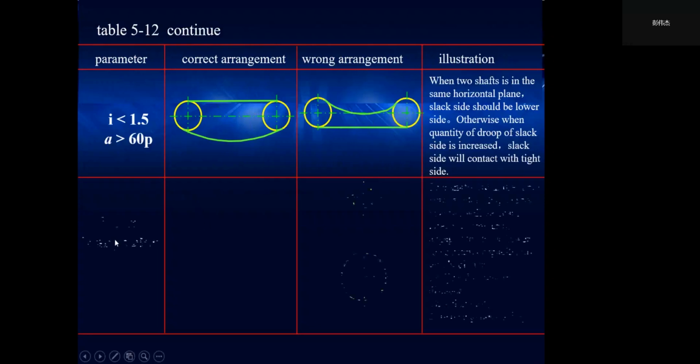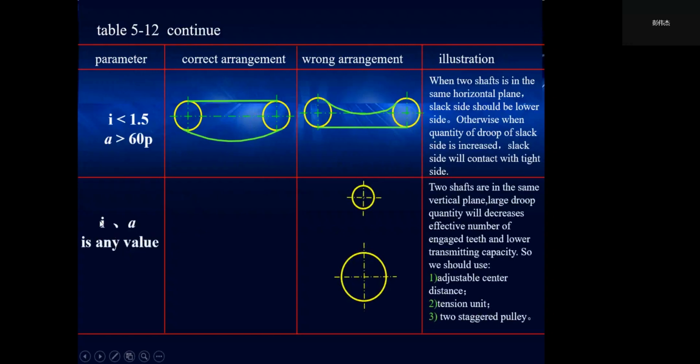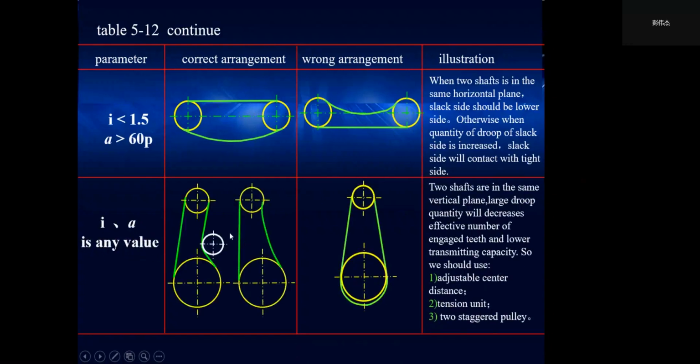And if the speed ratio and center distance are any value, and two shafts are in the same vertical plane, the effective number of engaged teeth will decrease, and the transmitting capacity will be lower.